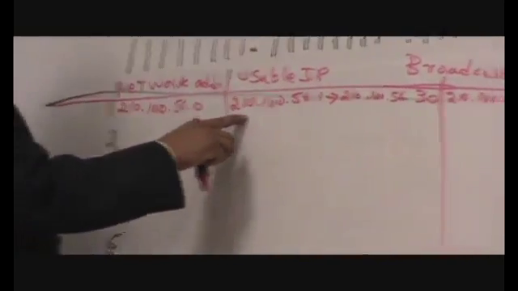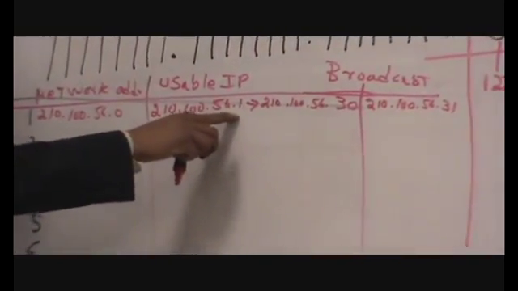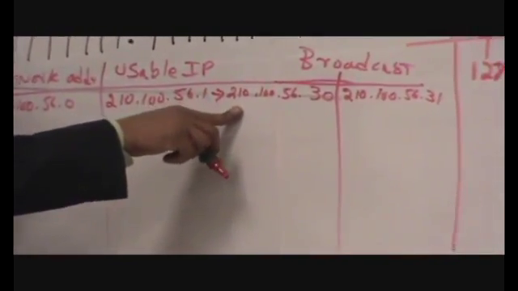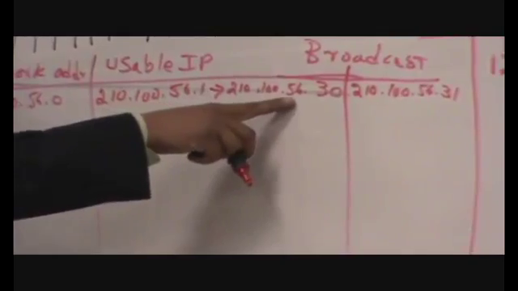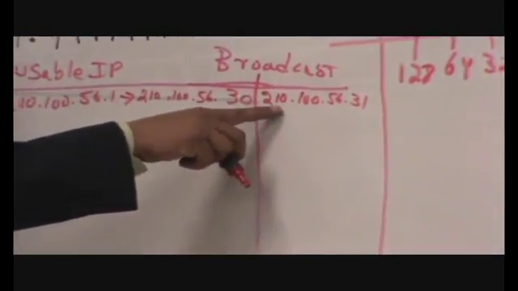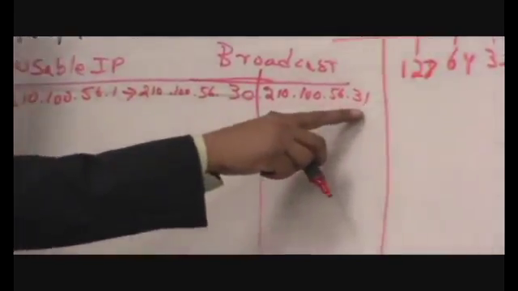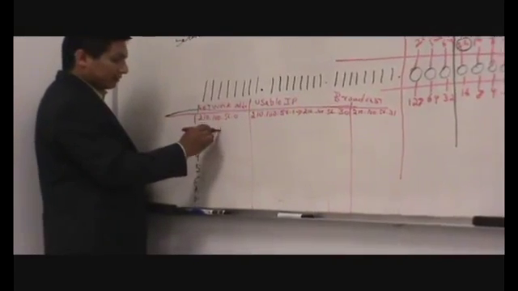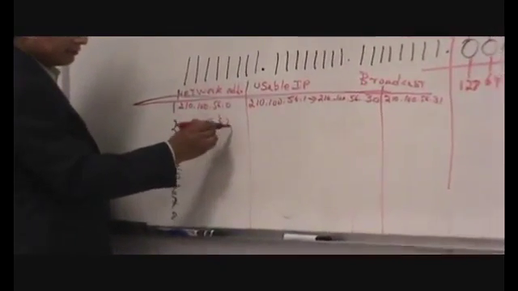My network address for my first network that I have subnetted is 210.100.56.0. My first usable address is 210.100.56.1. My last usable IP address in this network is going to be 210.100.56.30. And my broadcast address for this network is going to be 210.100.56.31. On my second network is going to be 210.100.56.32.